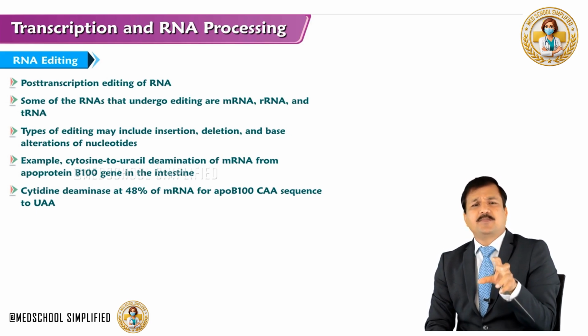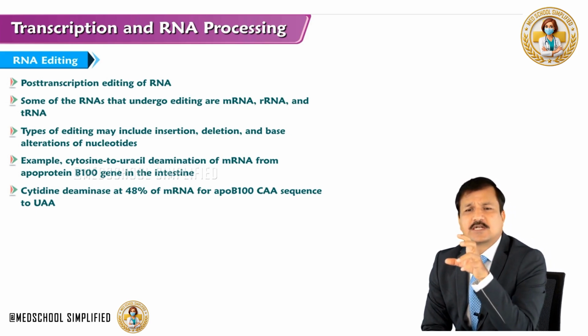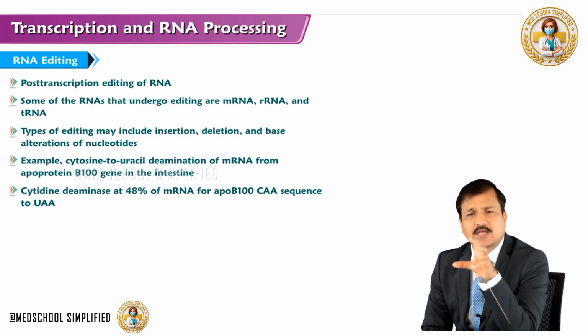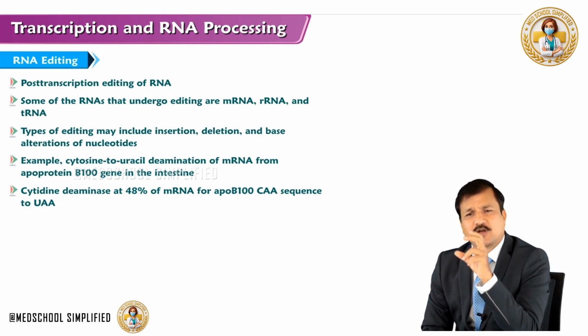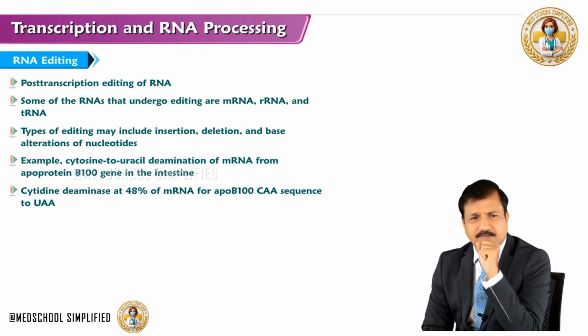An important example of the cytosine to uracil deamination process can be explained by mRNA editing that happens on the messenger RNA that comes from the ApoB gene. Apoprotein B100 is expressed in the liver, and apoprotein B48 is expressed in the intestine.